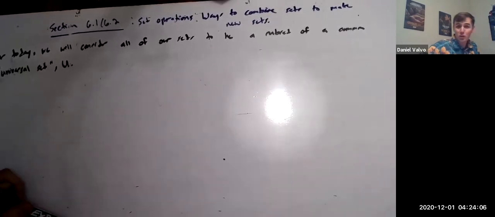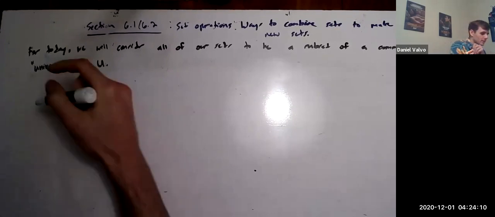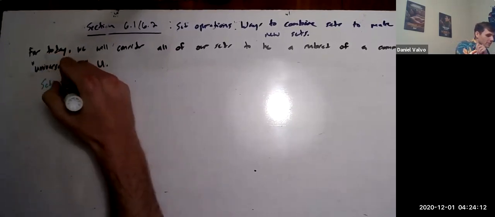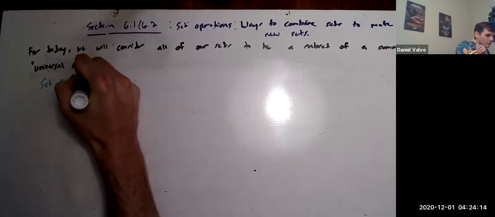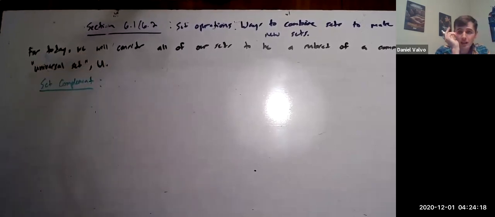That's our last operation for the day, and that's called a set complement. And just like the not operation, the logical operation, the set complement does not take in two sets and give you a new set. It takes in one set.